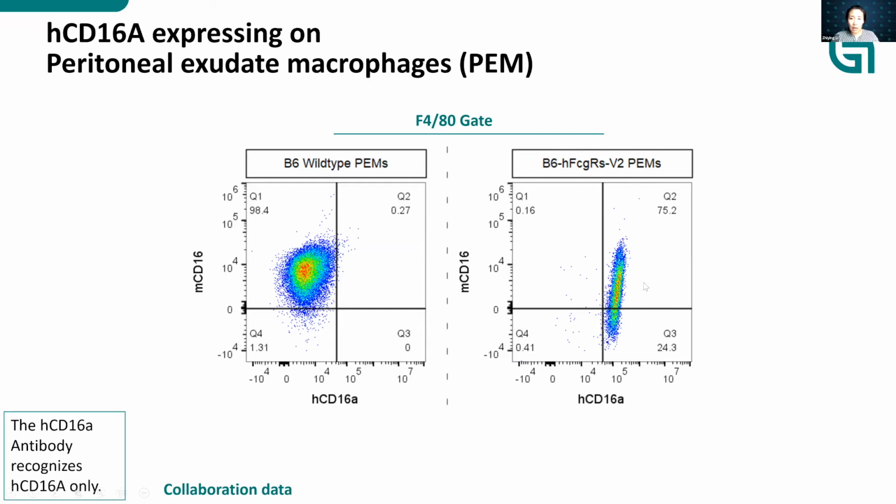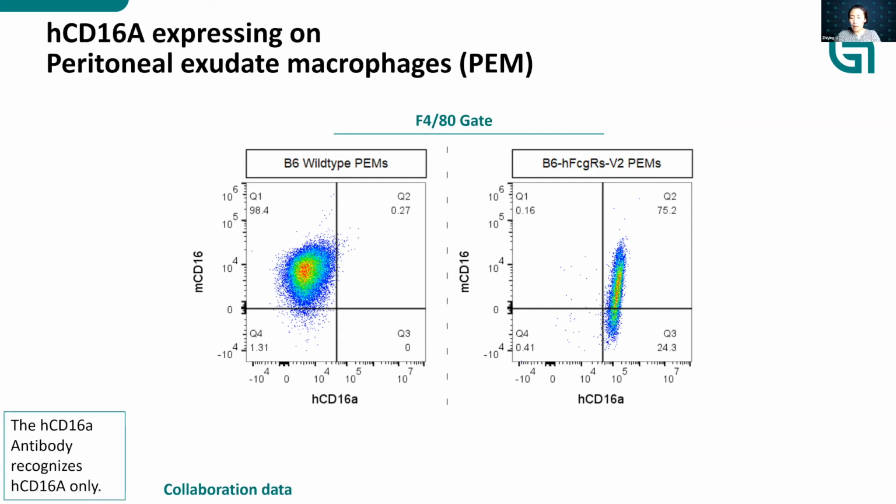So it still has the mouse FcγR as a heterozygous. In this experiment, in the wild type situation, the flow reports the presence of the mouse macrophages from the peritoneal exudate macrophage extract. And in the heterozygous animal, both the mouse and the human population are present.